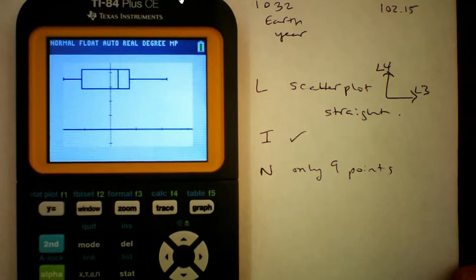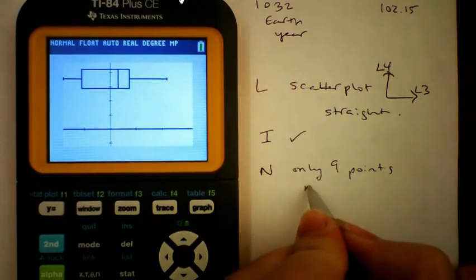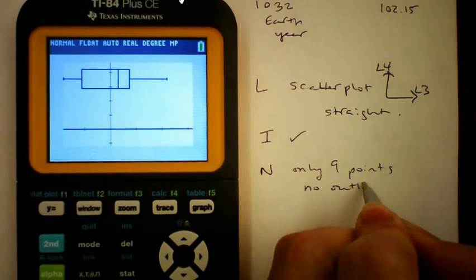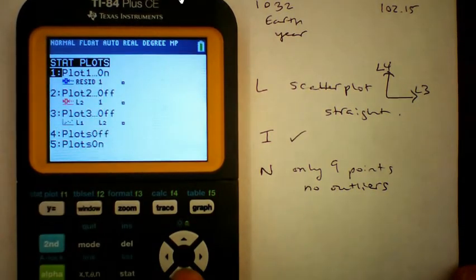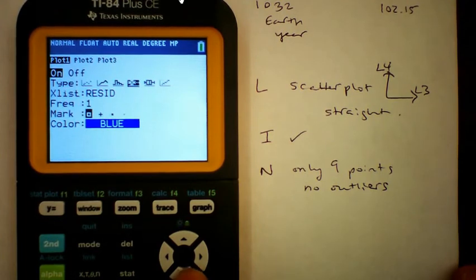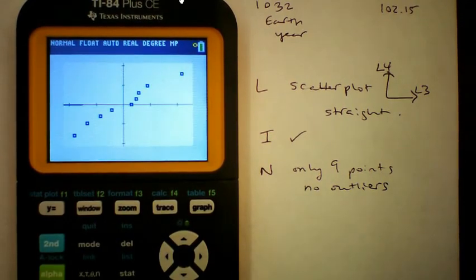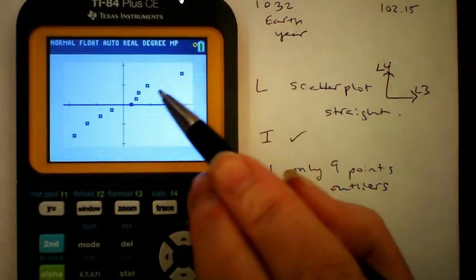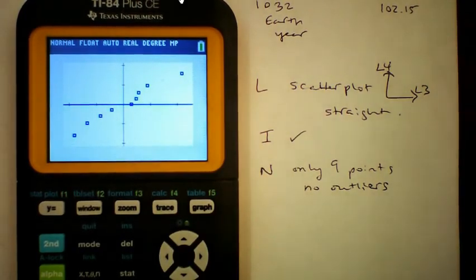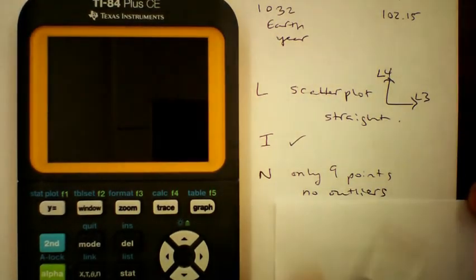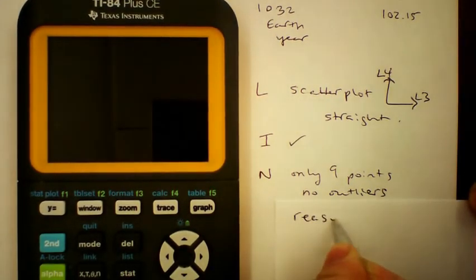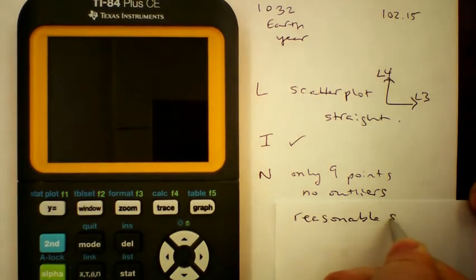There's my box plot, no outliers. Then I'm going to go into my normal probability plot on the residuals again. It's only 9 points, maybe a little, but reasonably straight.